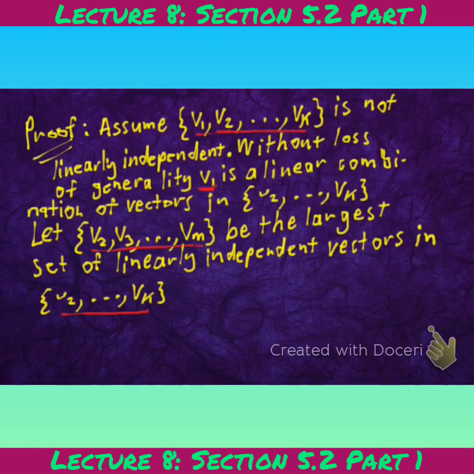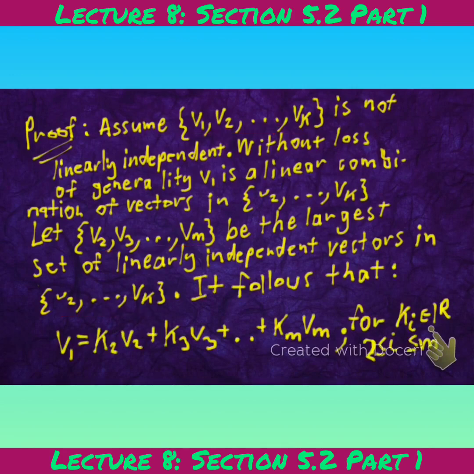We can write any such vector as a linear combination of these vectors, and just replace them there, and therefore we can write V1 as a linear combination of these vectors here.